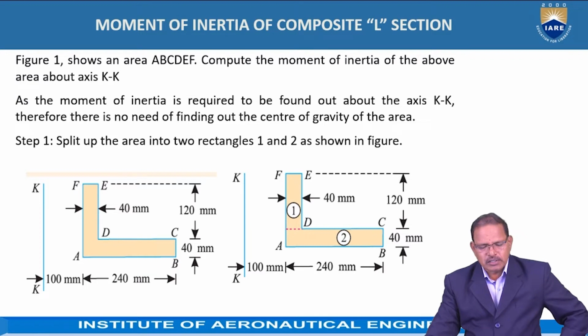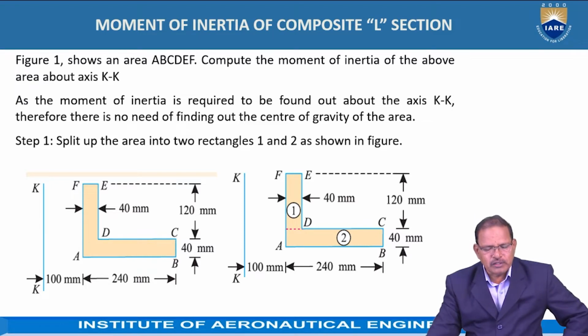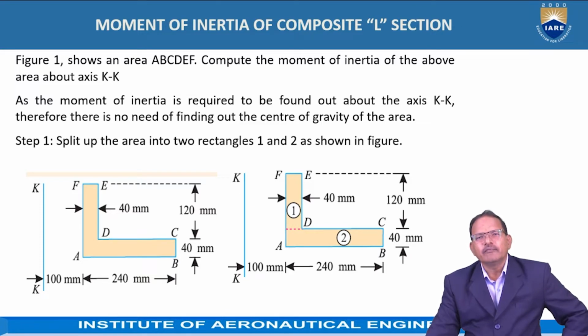These composite figures are first divided into some number of segments in such a way that they consist of the minimum number of segments of regular sections. Then find the moment of inertia of each section about the given axis, and the sum of the moment of inertia of all the sections about any axis represents the moment of inertia of the composite section about the same axis.